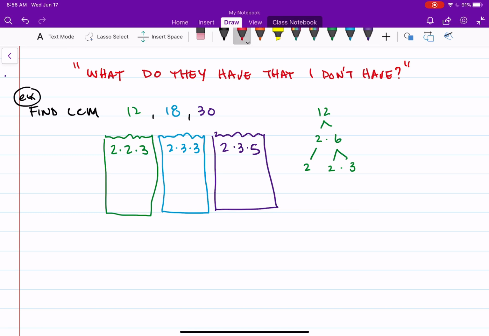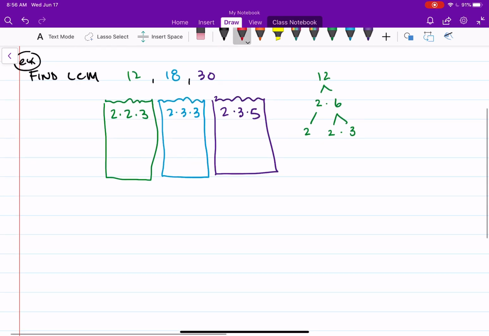So let's look at this bag right here, and I'm going to ask, what do they have that I don't have? I have a 2, a 2, and a 3. The blue has a 2, a 3, and a 3. And the purple has a 2, a 3, and a 5.